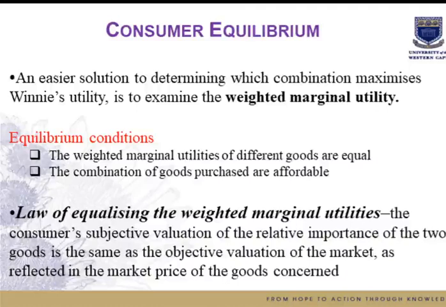As the weighted marginal utilities are equalized, it reflects that the consumer's subjective evaluation of the relative importance of the two goods is the same as the objective valuation of the market, as shown by the market price of the two goods.